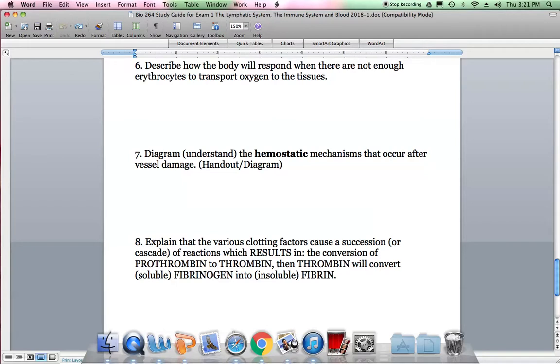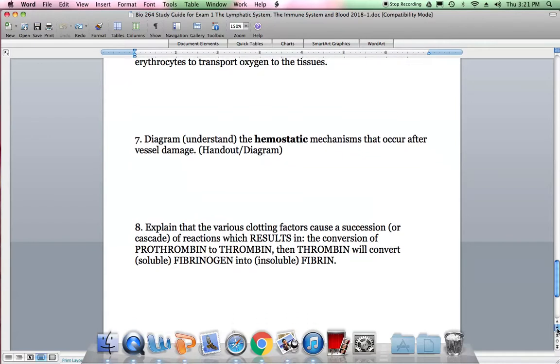The fibrin will actually weave itself among these platelets and will pull the blood vessel closed and stabilize that clot. So it's important to understand how all these factors are required in order to effectively form a clot to stop the bleeding.